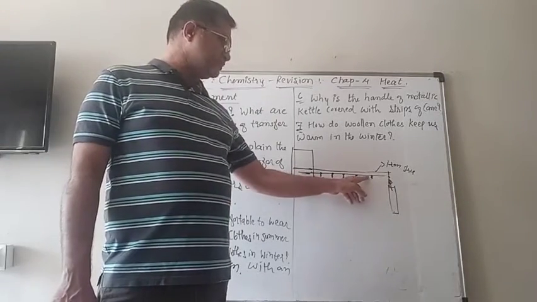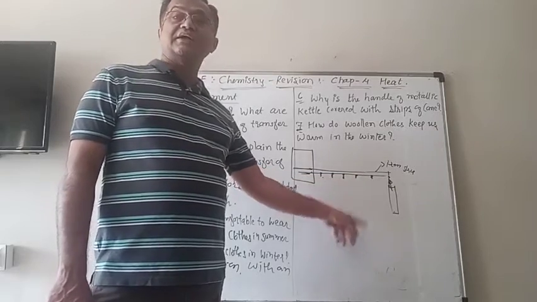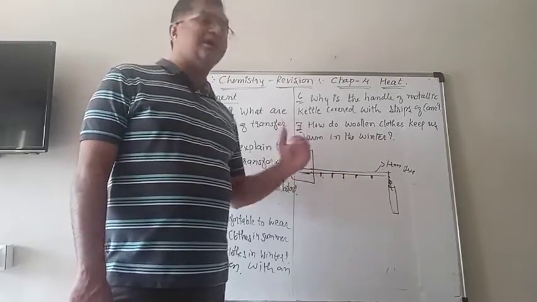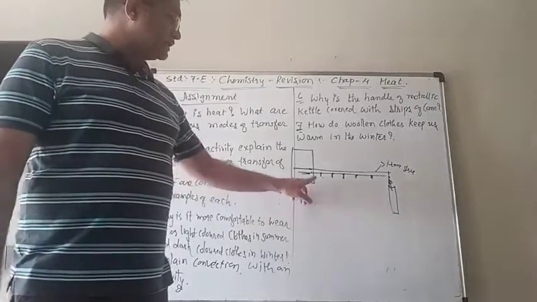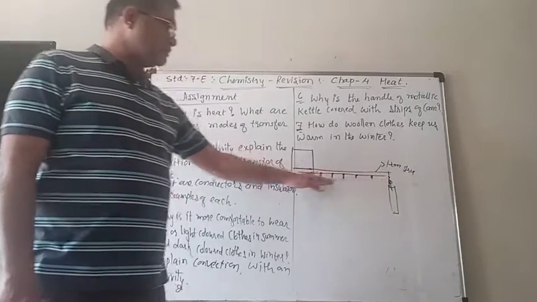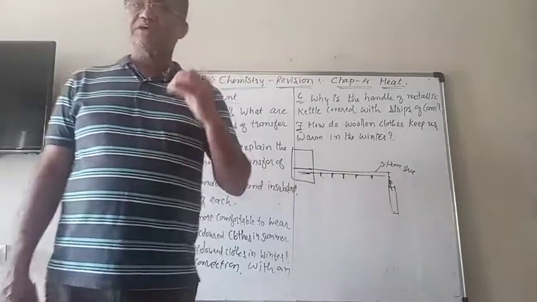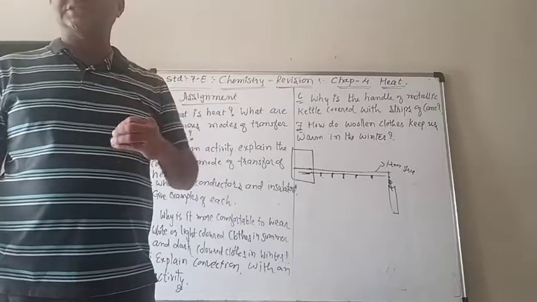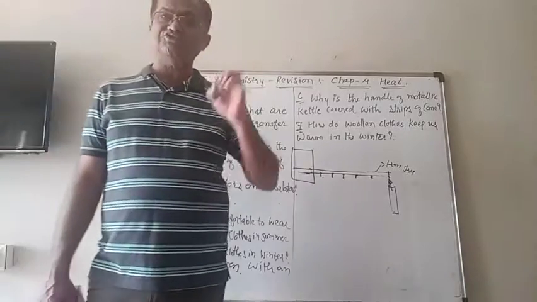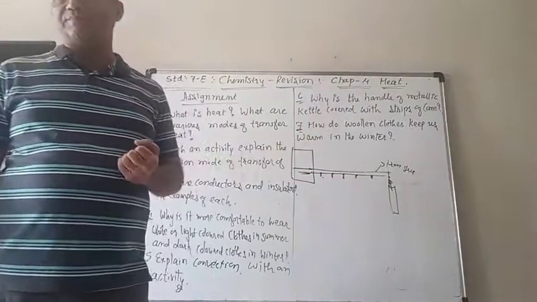Then again heat is getting transferred. When it comes here, the second one falls. So gradually, one by one, it will not happen that this one will fall first, then that one. They will fall in order only. Why? Because in this method of conduction, the heat is transferred from the hotter end towards the colder end.